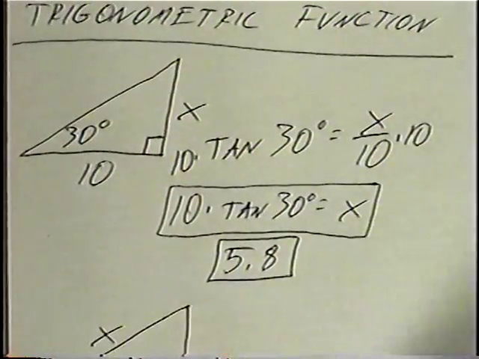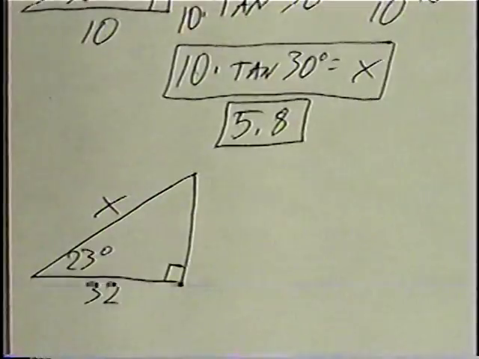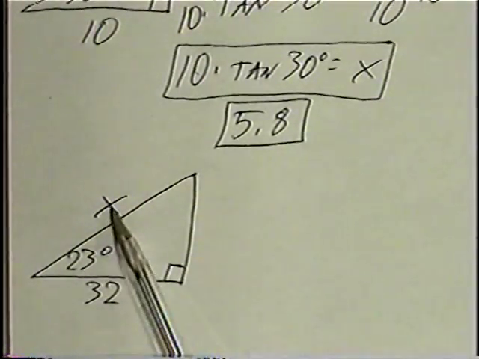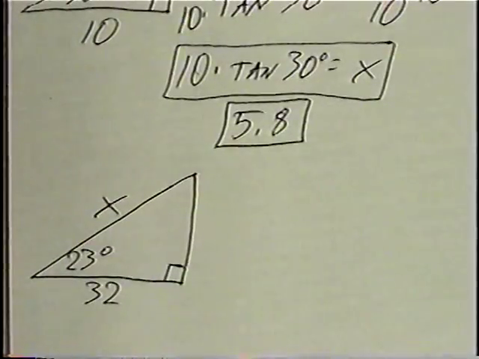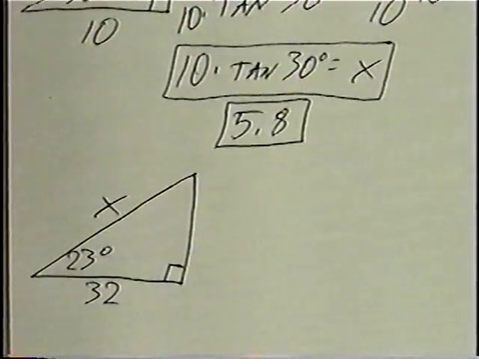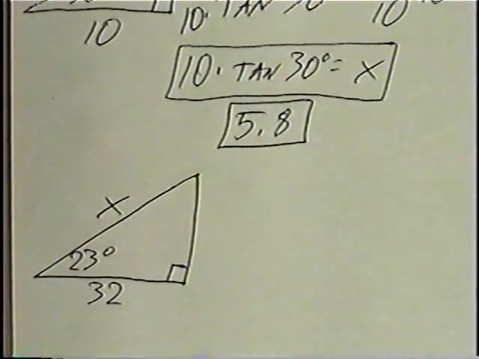Second question, and last question for the section. Looking at this triangle, we're given one side of 32. We want to find the hypotenuse of the triangle, which is x, and the angle this time is 23 degrees. Looking at the angle given, we know the adjacent side is 32, and we want to find the hypotenuse.